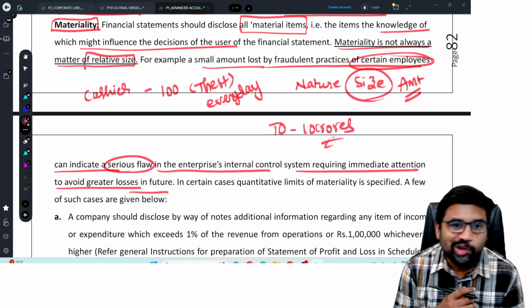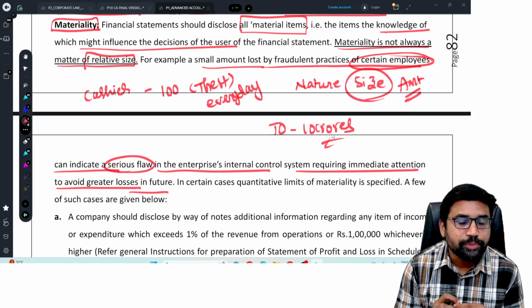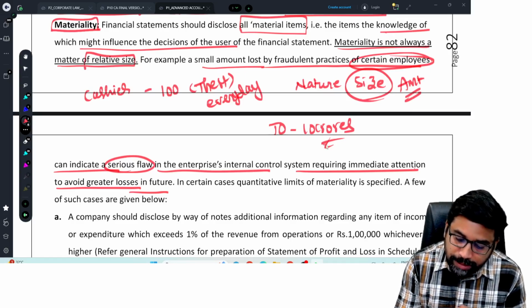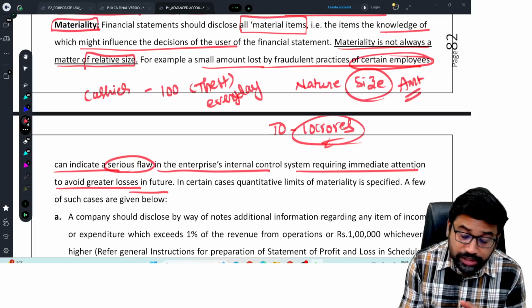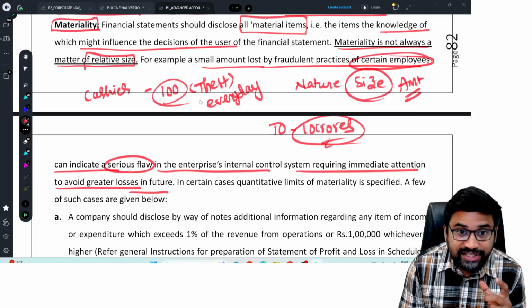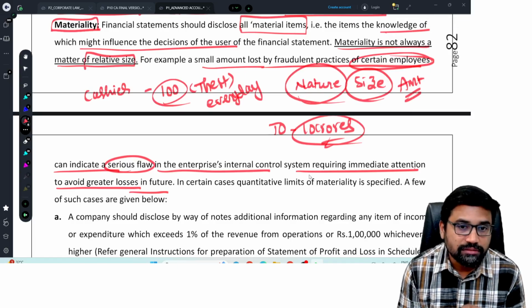Is it material or not? Turnover 10 crores, and every day the cashier misappropriates 100 rupees. So depending upon the turnover of 10 crores, only 100 rupees is not material. If you see size, not material. But if you see the nature, it is definitely material.